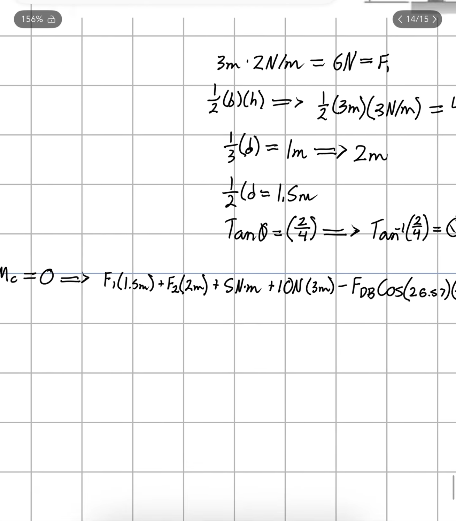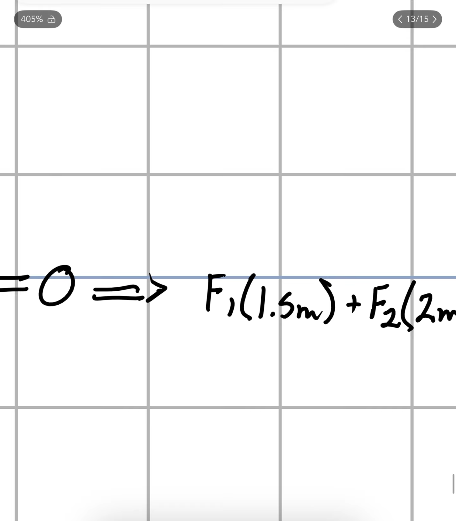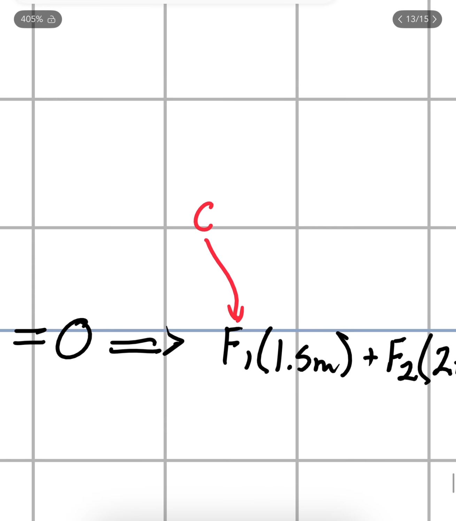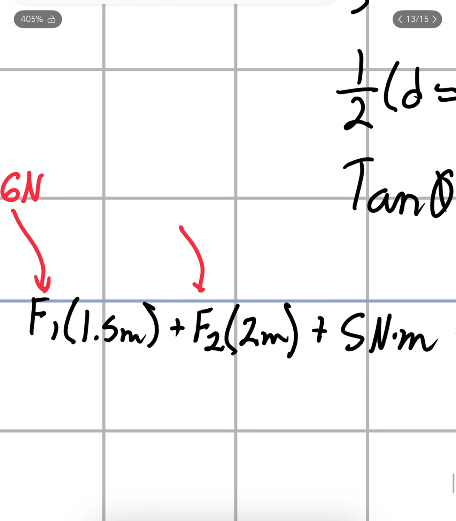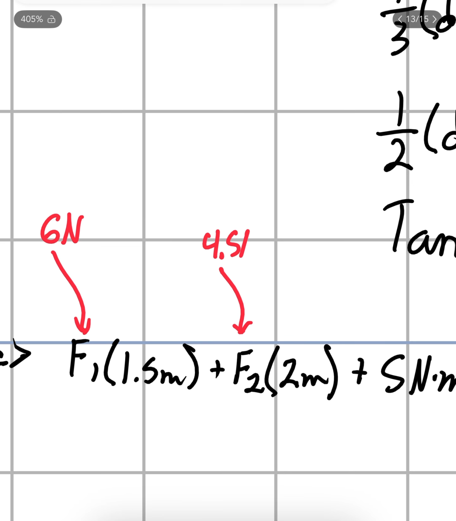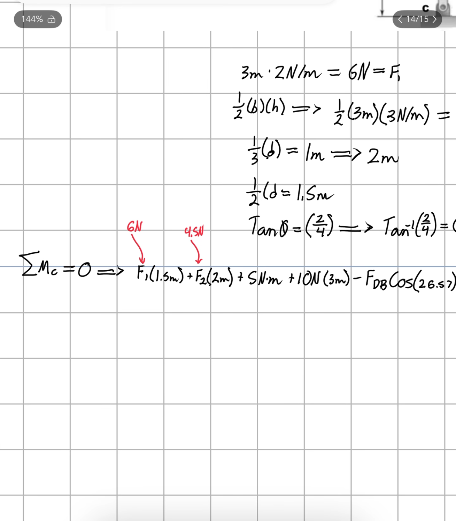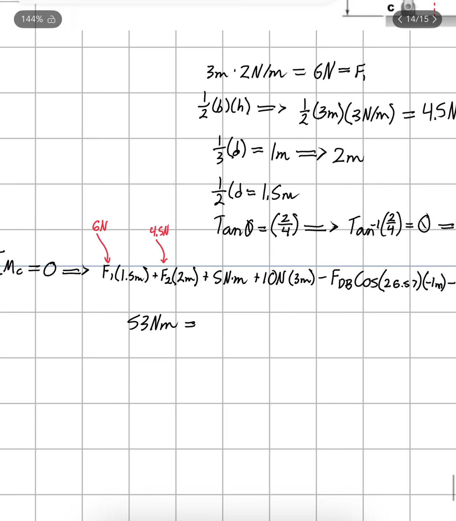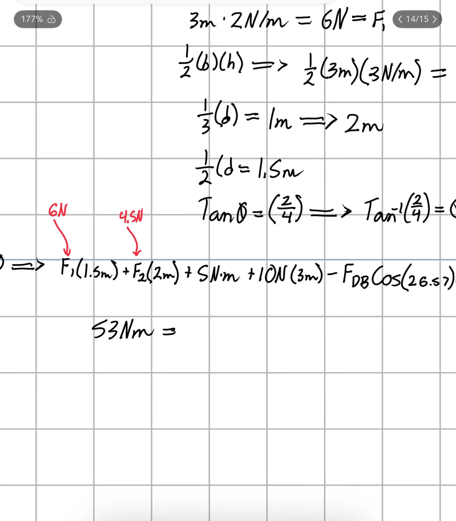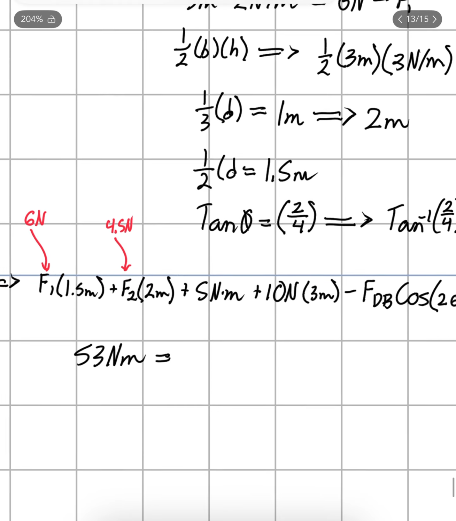Okay, now we can simplify. So, we know that F1 is 6 newtons. F2 is 4.5 newtons. Now, if we simplify here, we get 18 plus 5 plus 10 times 3, that's 53 newton meters, equals, since we moved over to the other side of the equal sign, these become positive.